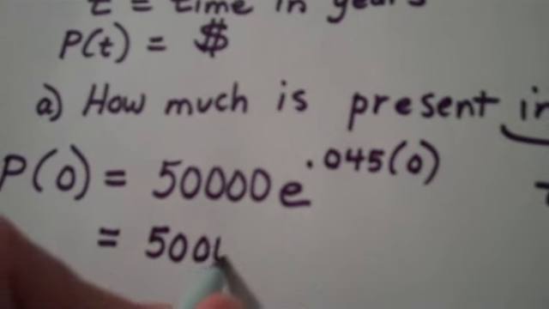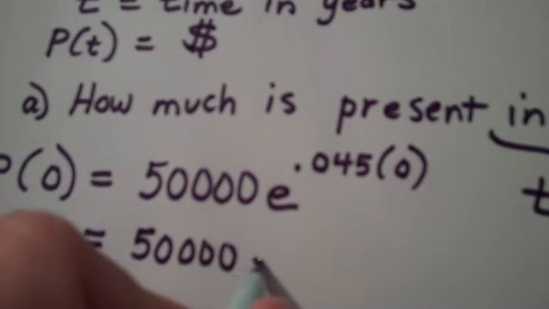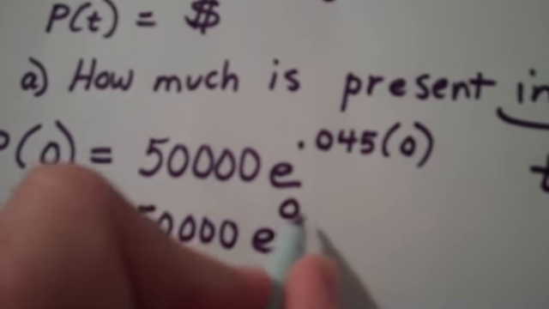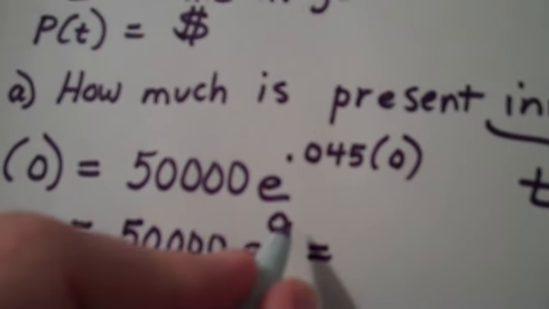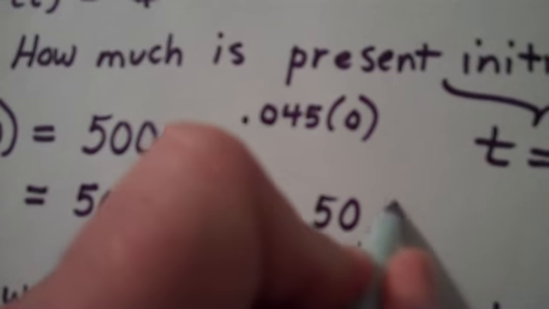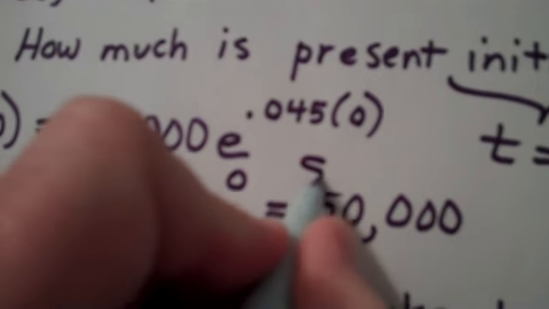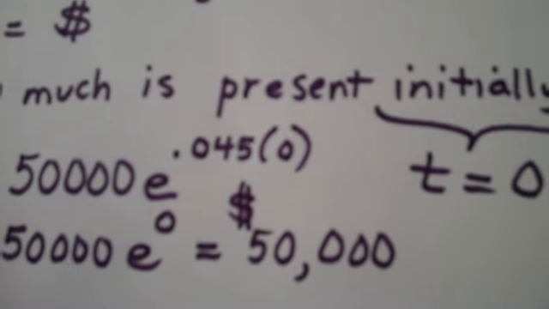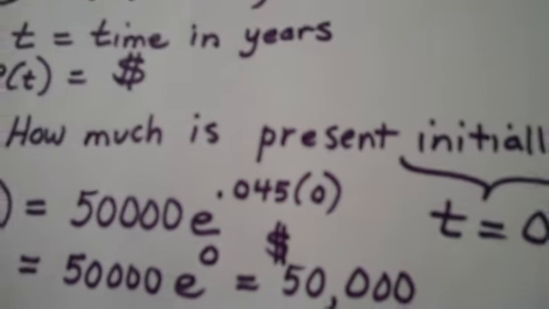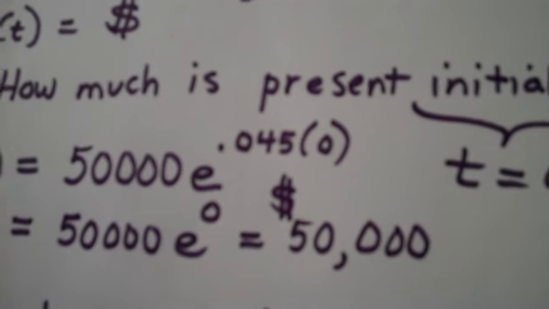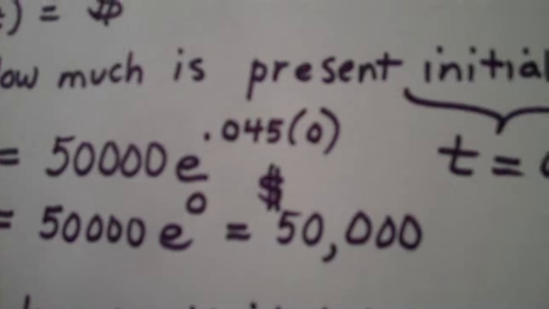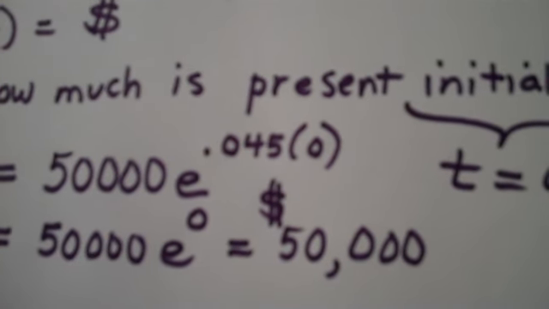This becomes 50,000 e to the 0 power. E to the 0 power is 1. So 50,000 times 1 is $50,000. So that means that we initially had $50,000 in this account. That's what we put into it.